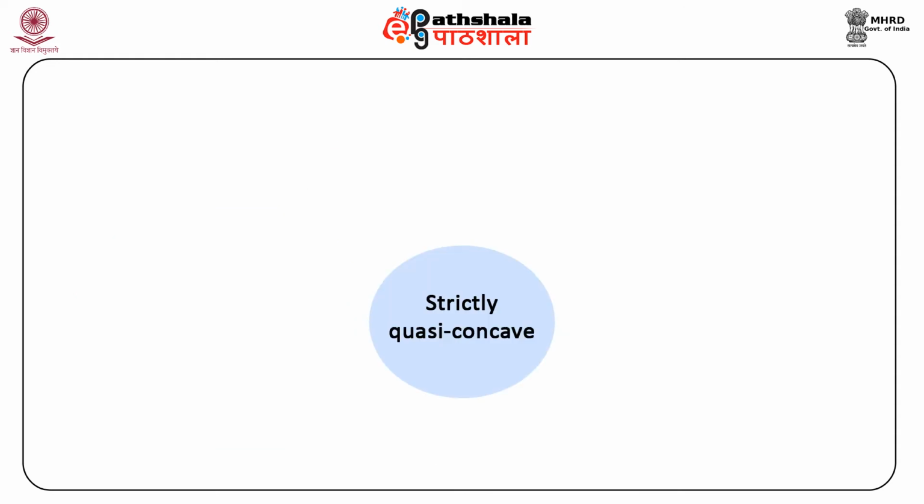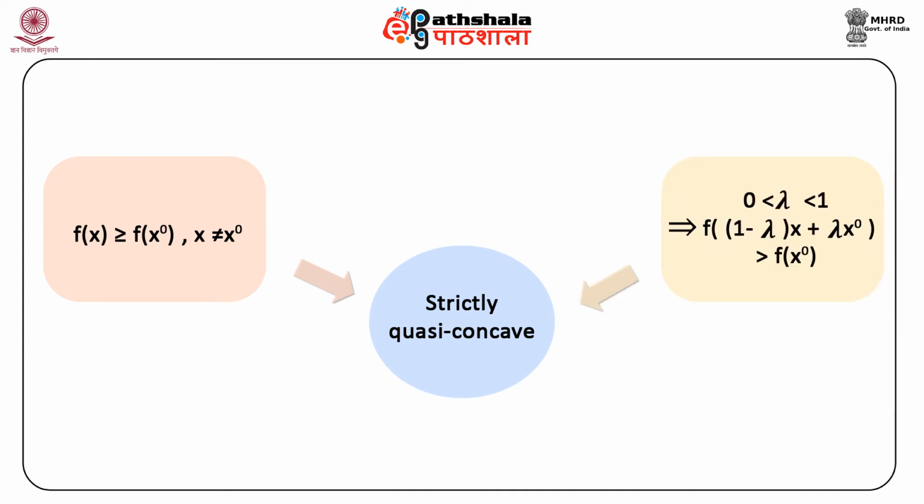Strictly quasi-concave. A function f(x) is strictly quasi-concave if f(x) is greater than or equal to f(x0), where x is not equal to x0 and lambda lies between 0 and 1, implying f((1 minus lambda)x plus lambda x0) is strictly greater than f(x0).